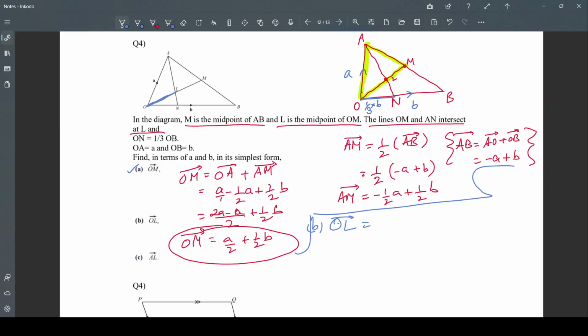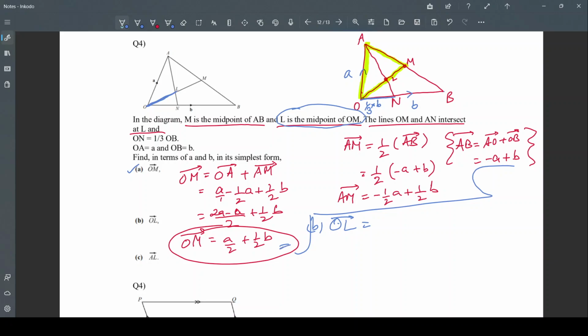For going O to L, I can take OA plus the AL vector. But instead of AL, I can calculate OL directly. OL is actually half of OM, because L is the midpoint they have given. L is the midpoint of OM.